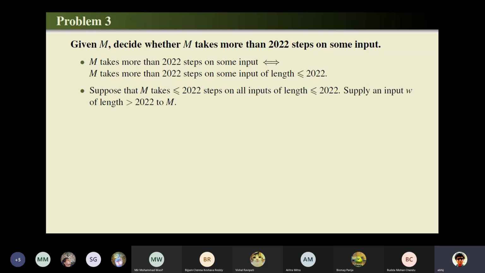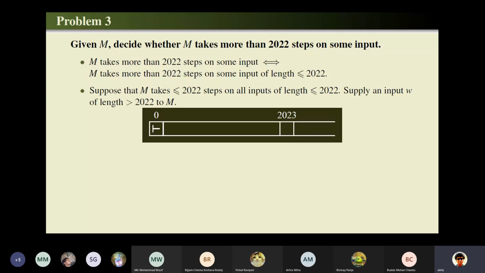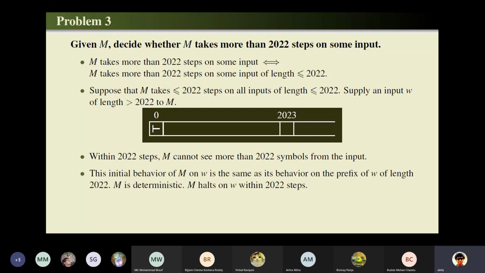M is a DTM, so its acceptance or rejection, or actually halting, will come before reading the entire input W. Within 2022 steps, M cannot see more than this many symbols, and the initial behavior of M on W is the same as the behavior on the prefix of length 2022.